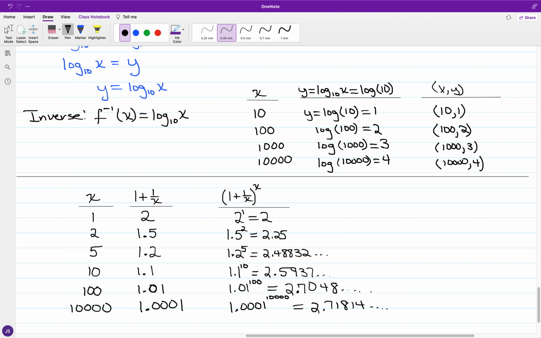And notice, when we had 2 to the first, it came out to 2. And again, while x is increasing, the sum is decreasing. And if you notice for the outputs, you have a slow increase as x gets higher and higher.